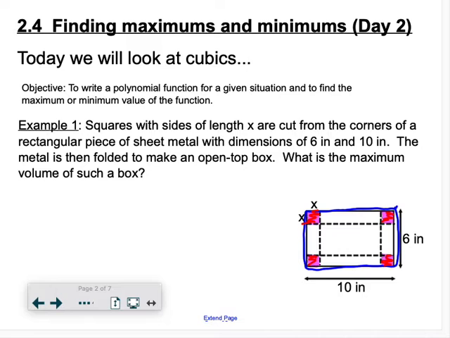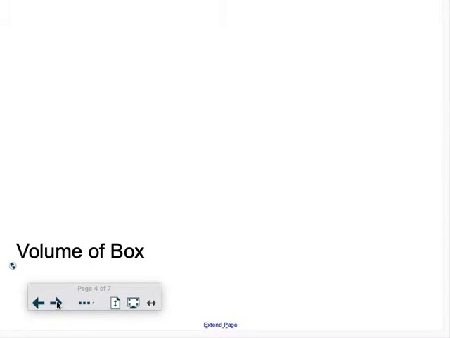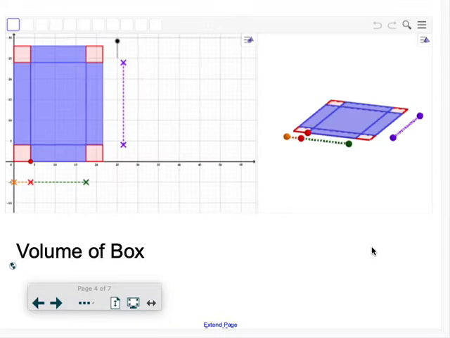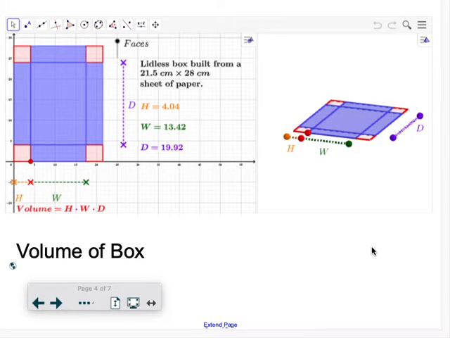To help you with this, I'm going to show you a visual real quick that should help you process what's actually happening here. On the left side, you can see the purple area. The entire shape, that entire rectangle, is the piece of sheet metal, which in the previous example was 6 by 10.